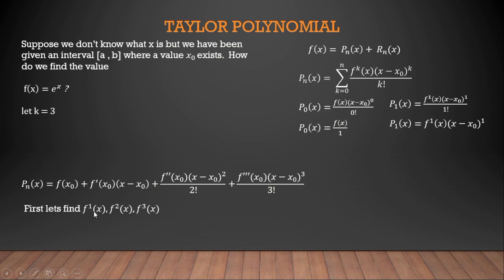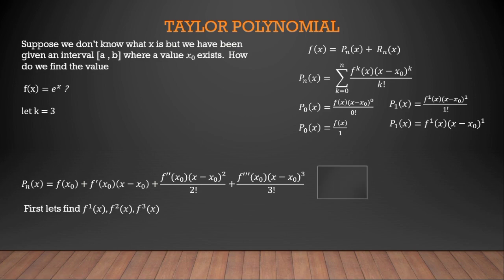Second, third, fourth, and so on. So if they say let k equal 3 for the third Taylor polynomial, then we find f of x naught, the first derivative of x naught, the second derivative of x naught, the third derivative of x naught. So let's get into the problem solving.